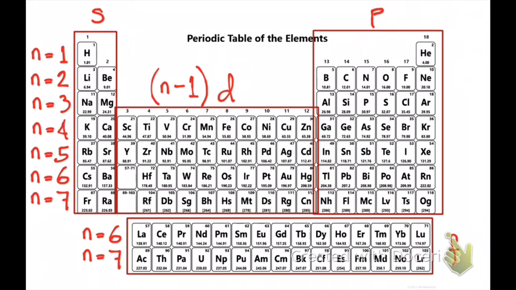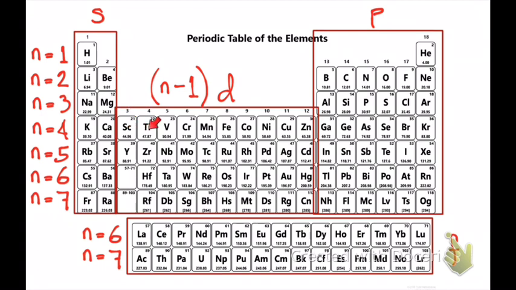So for scandium, that would be 4s2 and then 3d1. So the full electron configuration for scandium is 1s2, 2s2, 2p6, 3s2, 3p6, 4s2, and then 3d1.